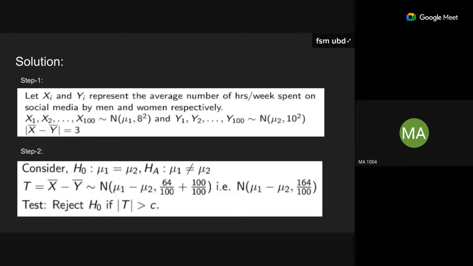Same way, if my y bar minus x bar is greater than some value, then also mu1 is not equal to mu2. I can strongly say that. So that is why, if the modulus of this difference is greater than some c, then I can be pretty much sure that these two are not equal. That is why we take modulus and look for greater than c here.